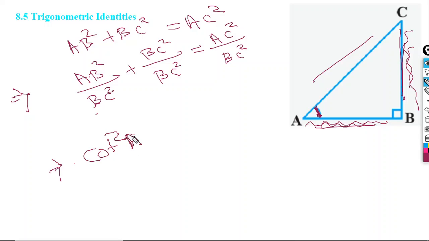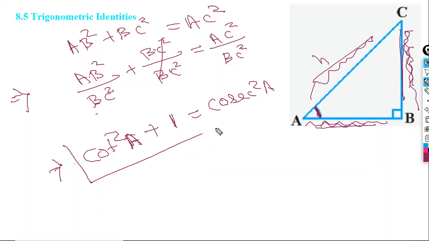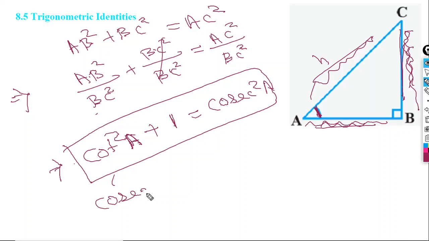Cot square A plus BC square by BC square will be cancelled, only 1 will be there, equal to AC square by BC square. Look at the figure. AC is the hypotenuse, BC is the opposite side, so it is cosec square A. So this is your identity: cot square A plus 1 equal to cosec square A. In other words, you can write cosec square A minus cot square A equal to 1.